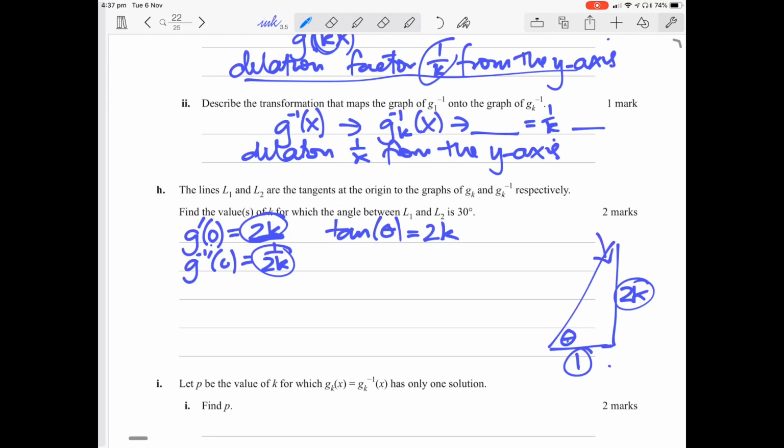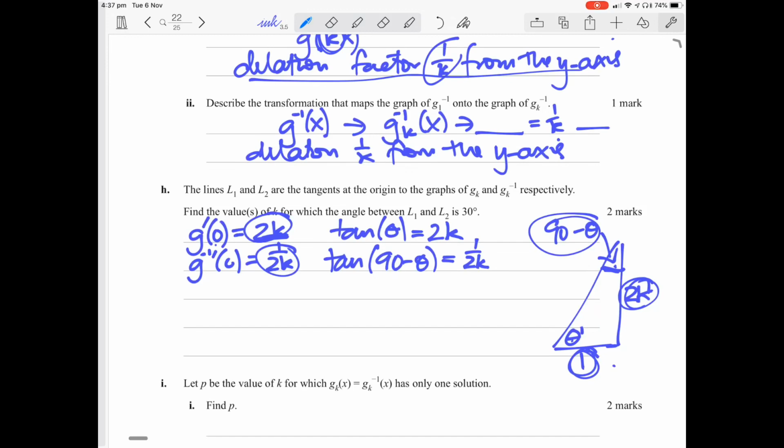If that angle is 90 minus theta, then tan of 90 minus theta equals opposite over adjacent, which is 1 on 2k. What does that mean?